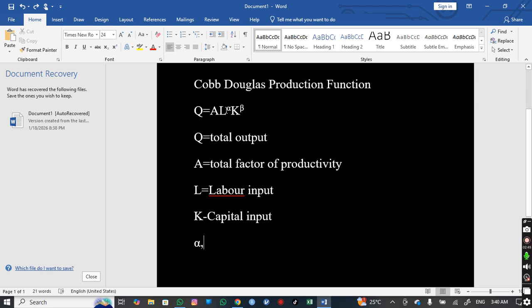In this case, alpha is the output elasticity of labor, and beta is the output elasticity of capital. So that is how we understand the concepts alpha and beta. They are just elasticity.